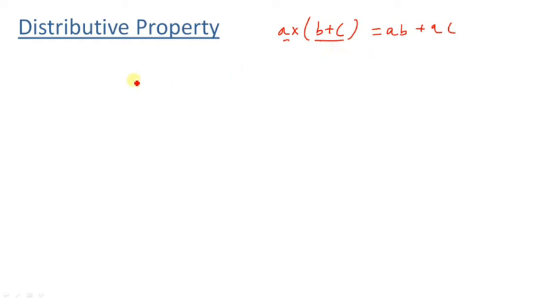Now let us prove this with the help of an example. Suppose I have 16 into (10 plus 2), and what will be the distributive form of this? 16 into 10 plus 16 into 2, right? Now we will find the result of these two, and we will prove that these two are similar.